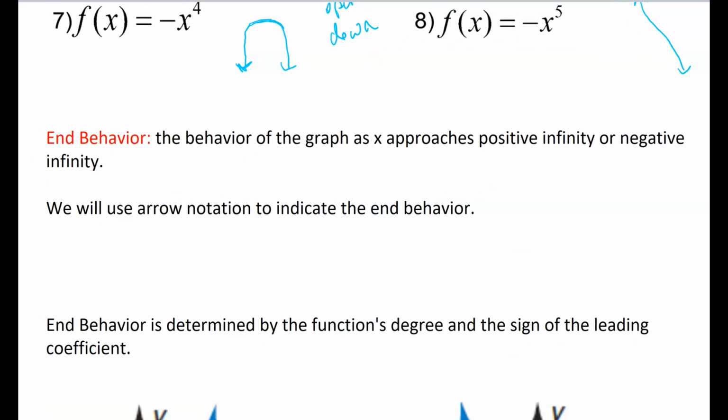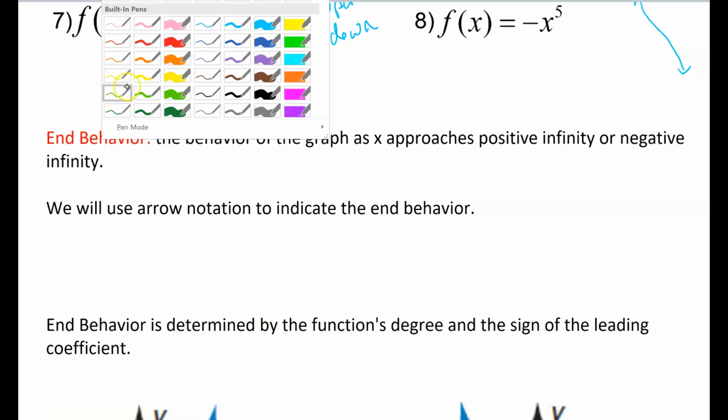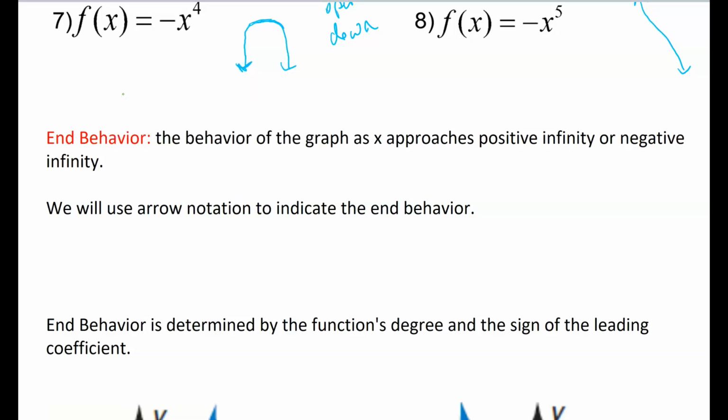What is the end behavior of the graph? What happens as we move away from 0? That's dictated by the highest degree term and the leading coefficient. All right, so we use arrow notation when we are discussing the end behavior.